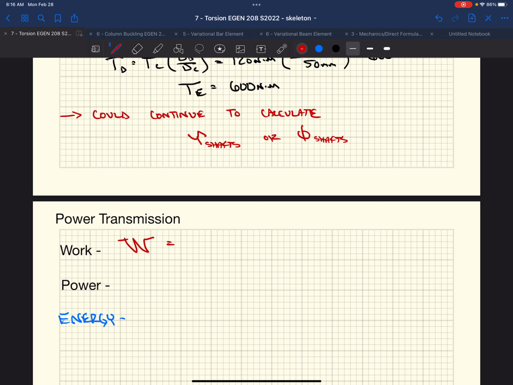Anyone know what the definition of work is? Force times distance. So if work is force times distance, and we're looking at torsional systems, right? The force that we've been working with is torque.